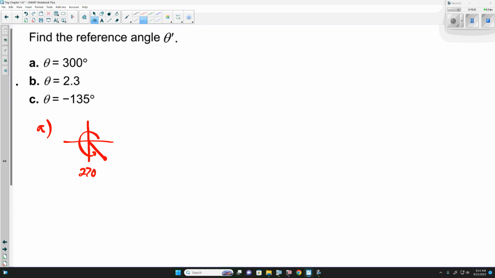To find the reference angle, we're trying to find this piece here. So we're going to take 360 and subtract our angle from it, because we're trying to see how far, or what this angle here is. If we do this, our theta prime, our reference angle, is 60 degrees. That's it.